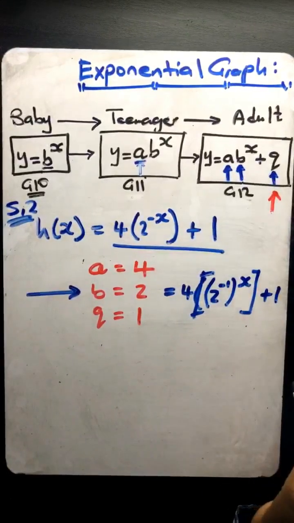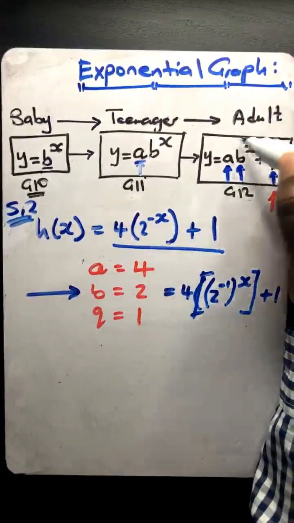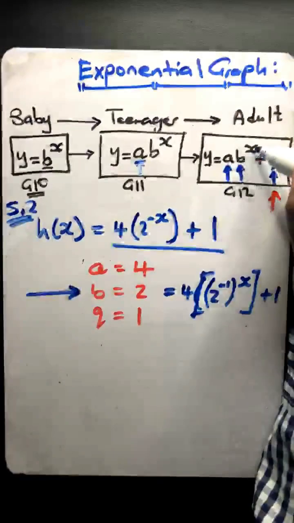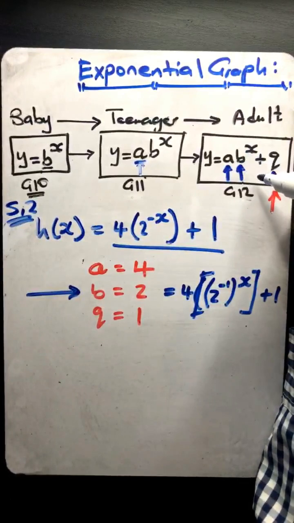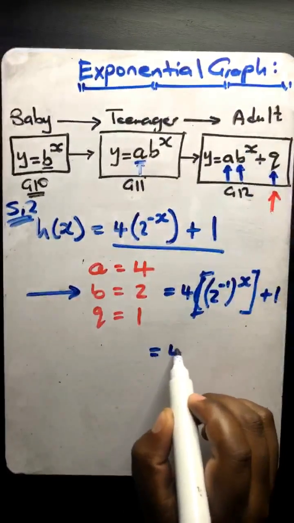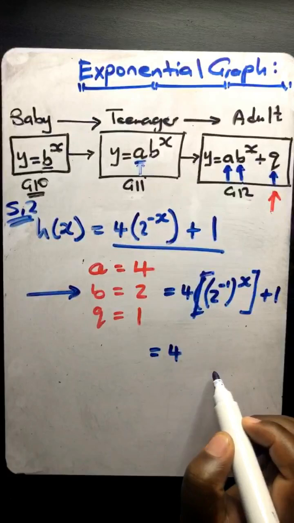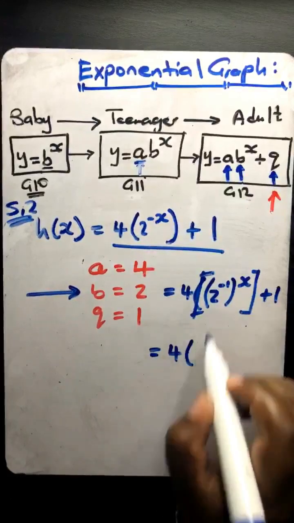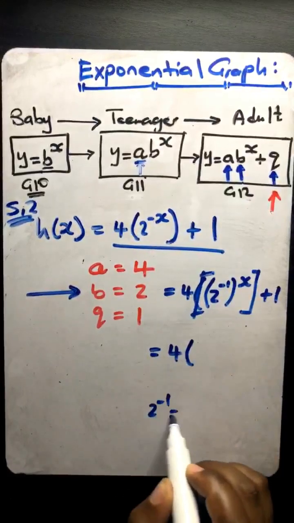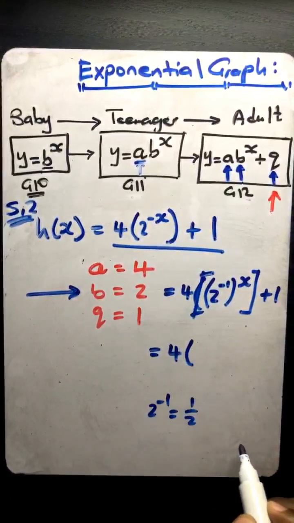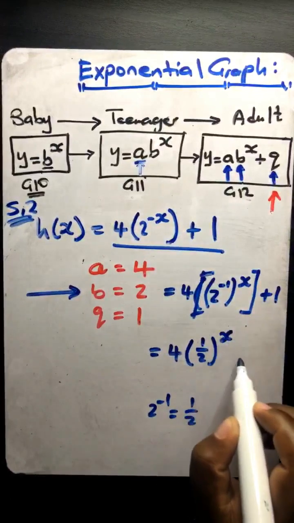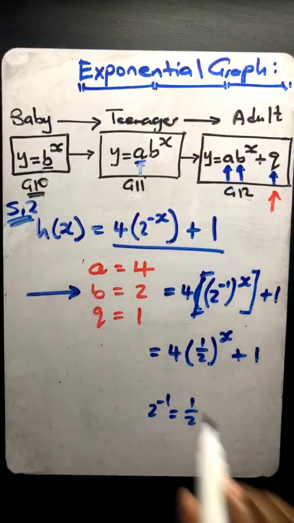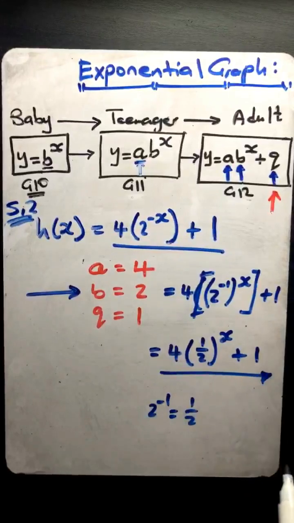So that means if you look at this, it is b to the exponent x and not b to the exponent negative x. So this thing is the same as 4 into what is 2 to the exponent 1. If you punch it on a calculator, it's going to give you 1 over 2. So that means your b value is actually between 0 and 1. So this is how the simplified form of that looks.